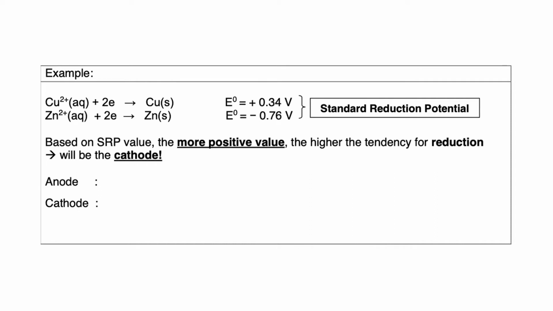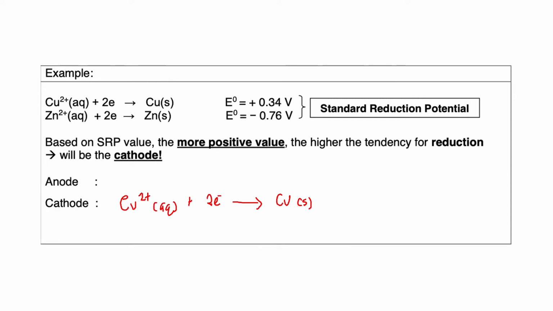And in cathode, we know red cat. So in cathode, reduction will happen. Reduction, they always receive, gaining electrons. So we are going to write Cu2+ plus 2 electrons to produce copper solid. And since copper becomes cathode, automatically zinc will become anode.